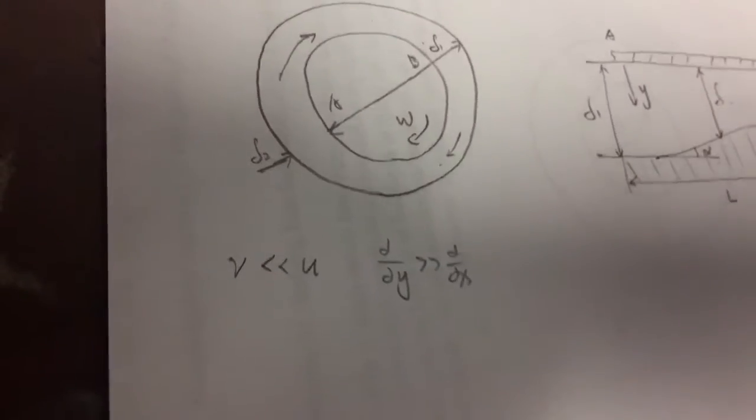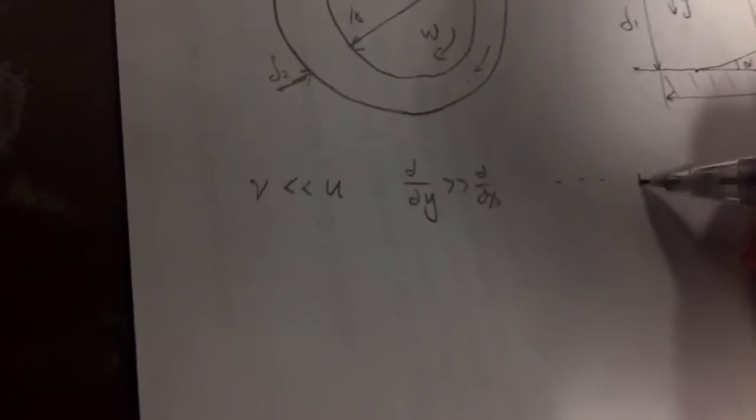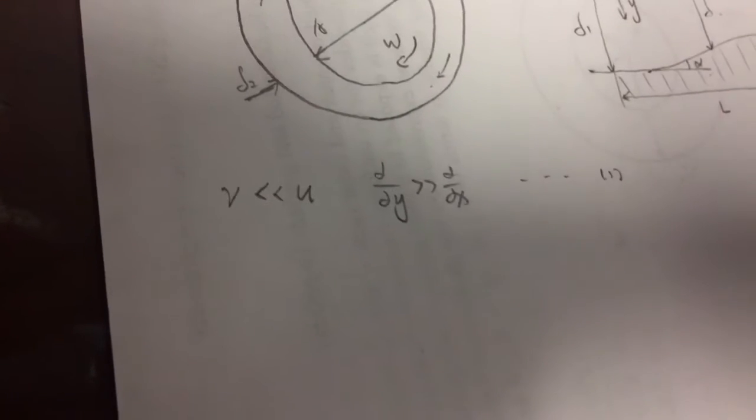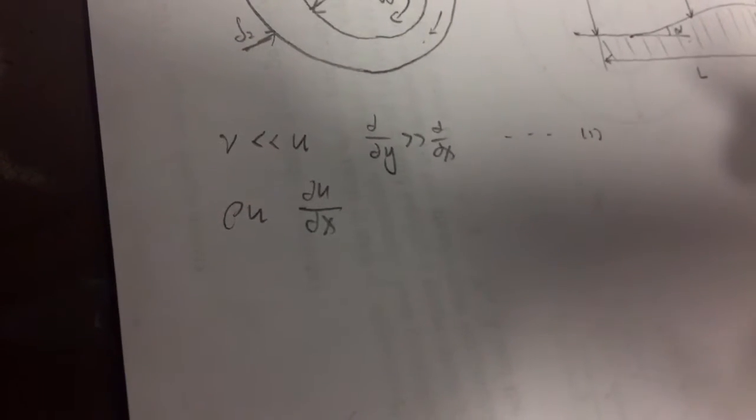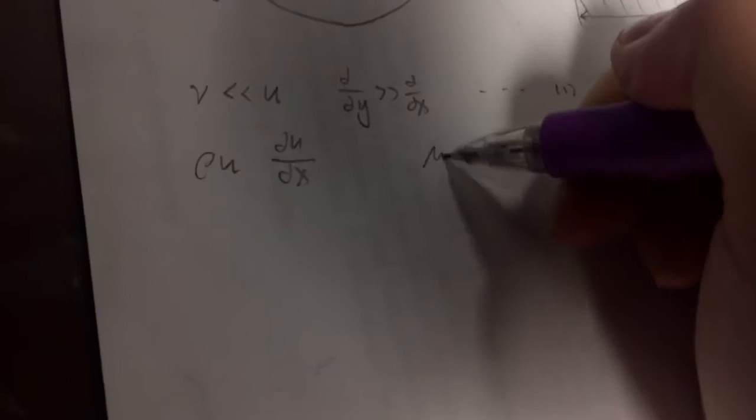Alright, so this is our expression 1. And also the inertial force per volume is as shown, and the viscous force per volume is as shown.